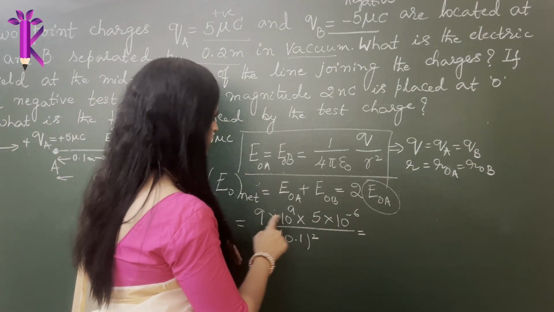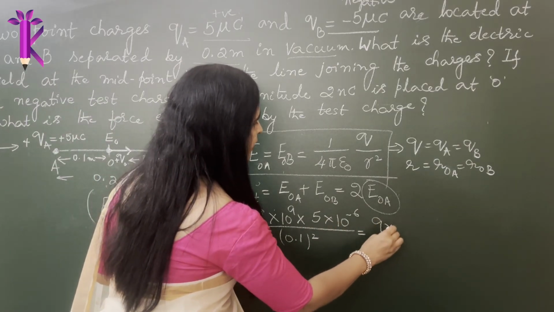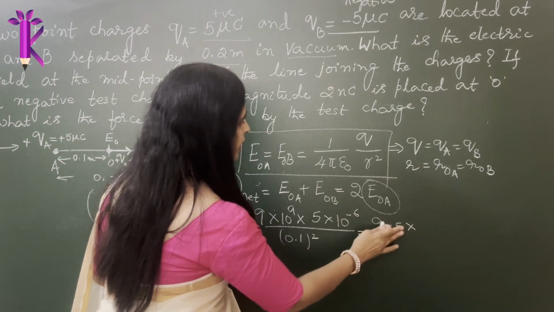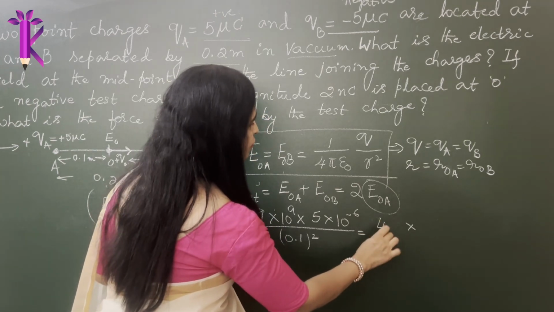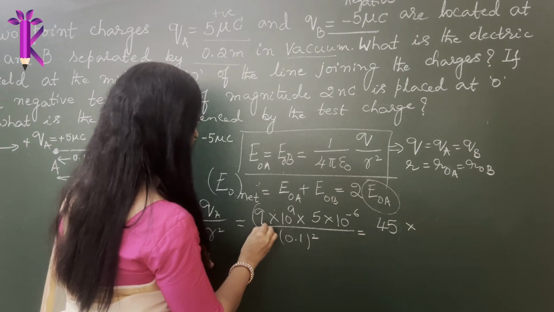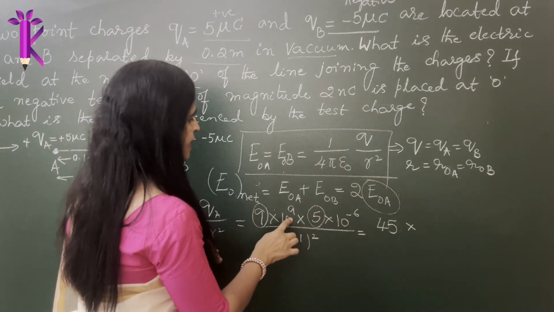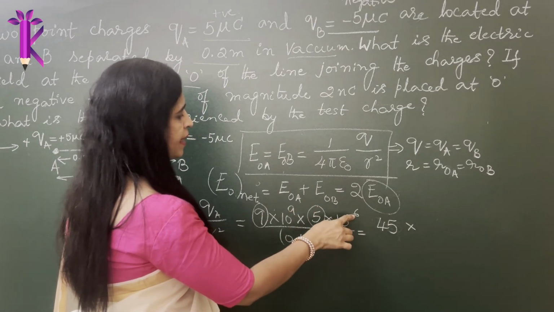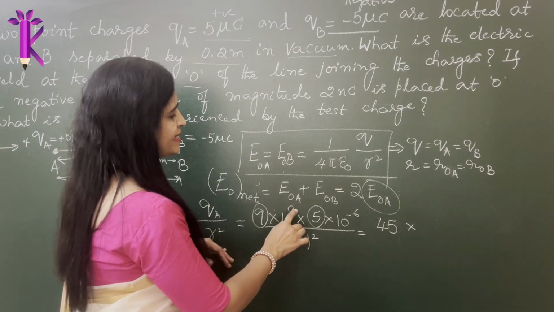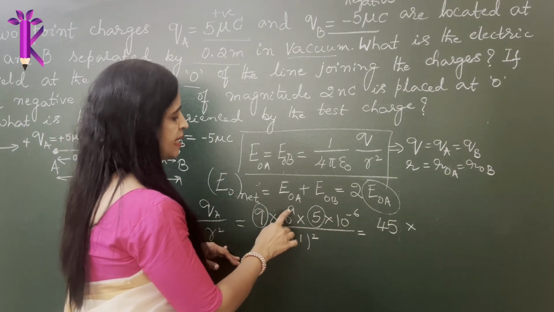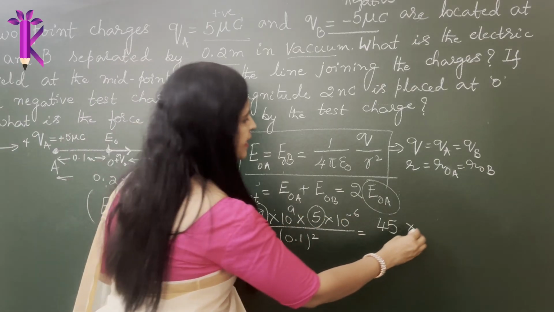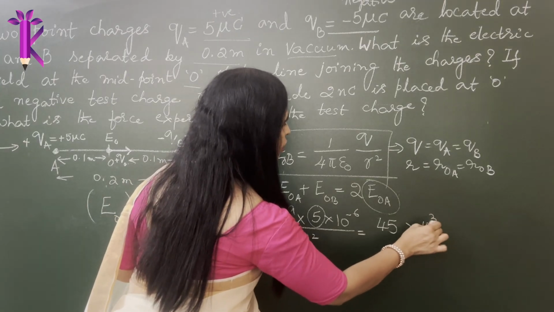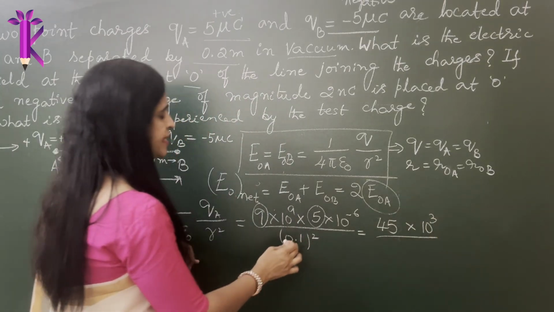Now, I have already taught you we need to separate the decimals and the whole numbers and the powers of 10. So, the whole number part is 9 times 5, which is 45, because I am multiplying the whole numbers, and 10 to the power of 9 and 10 to the power of minus 6. Bases are the same, therefore the powers can be added. 9 minus 6 is 10 to the power of 3, whole divided by 0.1.